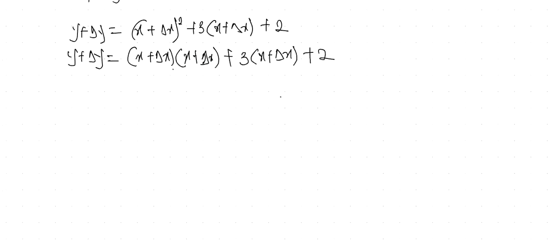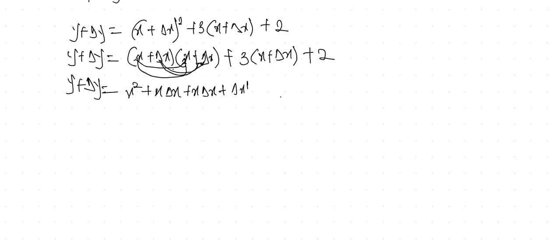So this will multiply this, going to give you x squared. This will also multiply this, giving x change in x. This will multiply this, giving x change in x, and this will also multiply this, which is going to be change in x squared, then plus 3x plus 3 change in x plus 2.